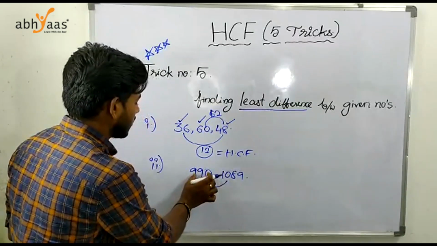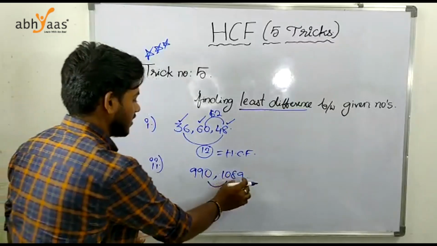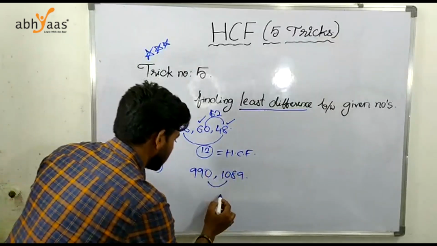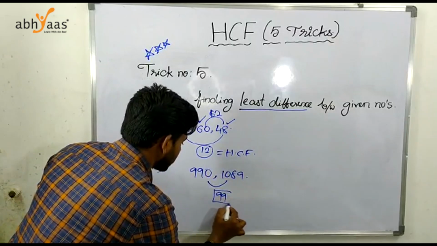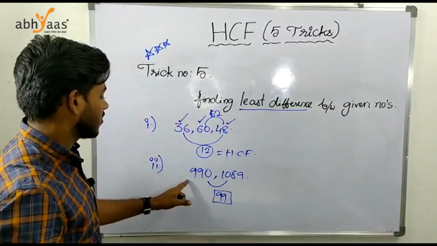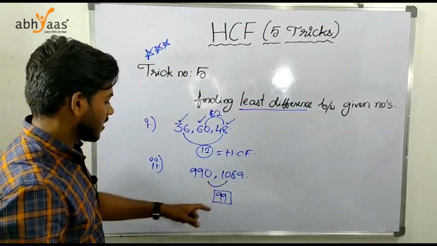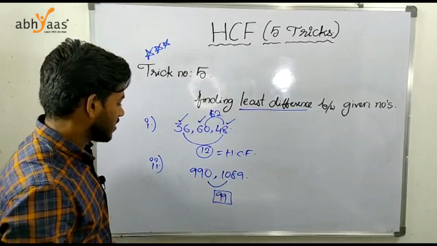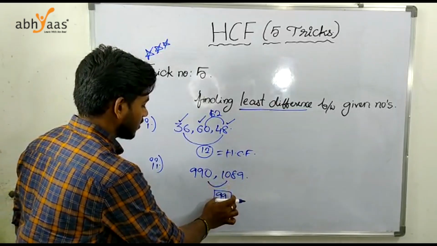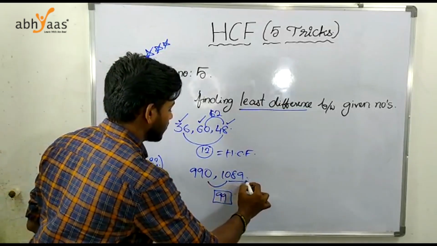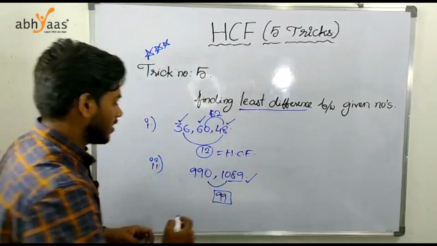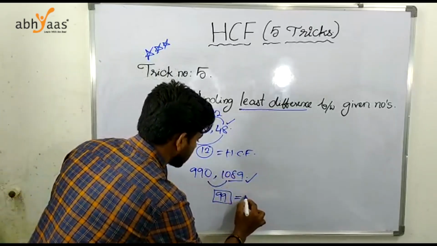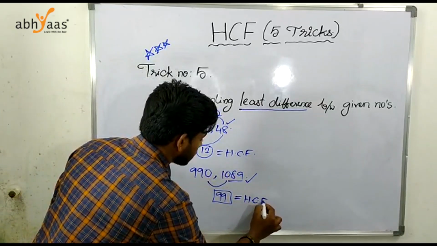If I add 10 to 990, I will get 1000, and there is one more 89. Total, the difference is 99. Check whether this 99 is a common factor of these two numbers or not. Is 99 a factor of 990? Yes, it is a factor. Obviously, the difference between these two numbers is equal to 99. Hence, this is also a factor of 1089 as well. Hence, the HCF of these two numbers is equal to 99.